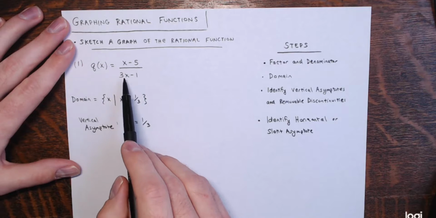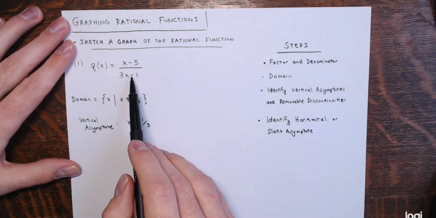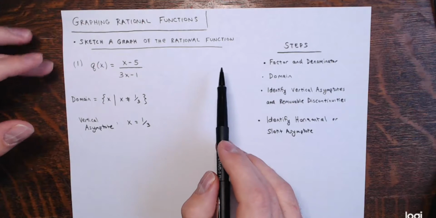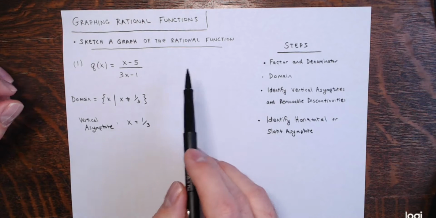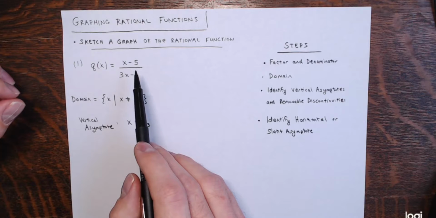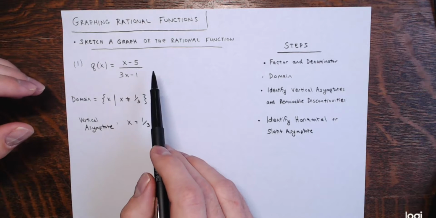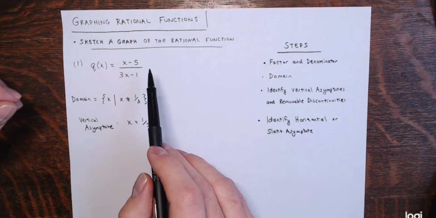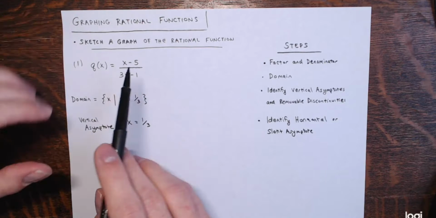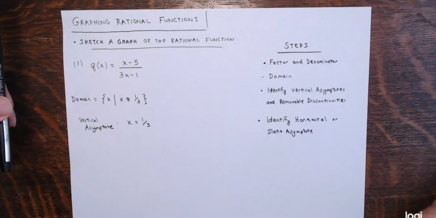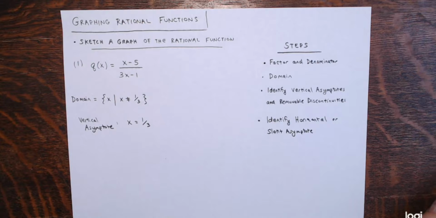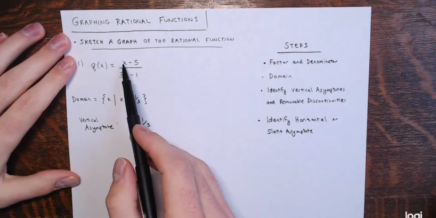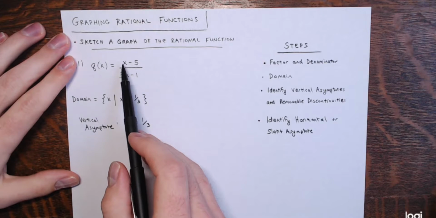These polynomials have the same degree, and remember the end behavior: the graph of a rational function is going to approach the graph of y equals the quotient on the ends. Now the quotient, when the degrees are the same, is just the ratio of the lead coefficients.